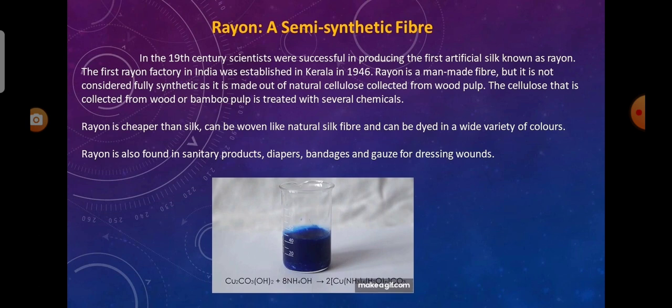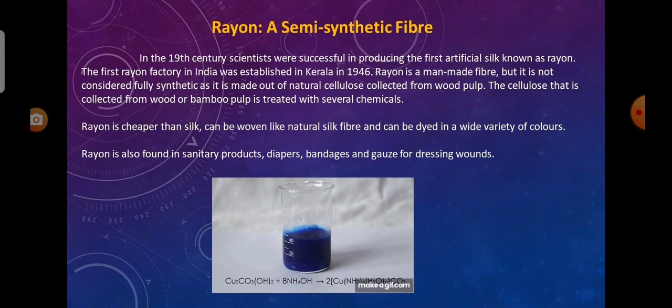We see about rayon, that is a semi-synthetic fiber. In the 19th century, scientists were successful in producing the first artificial silk that is known as rayon. The first rayon factory in India was established in Kerala in 1946. Rayon is a man-made fiber, but it is not considered fully synthetic as it is made out of natural cellulose collected from wood pulp.